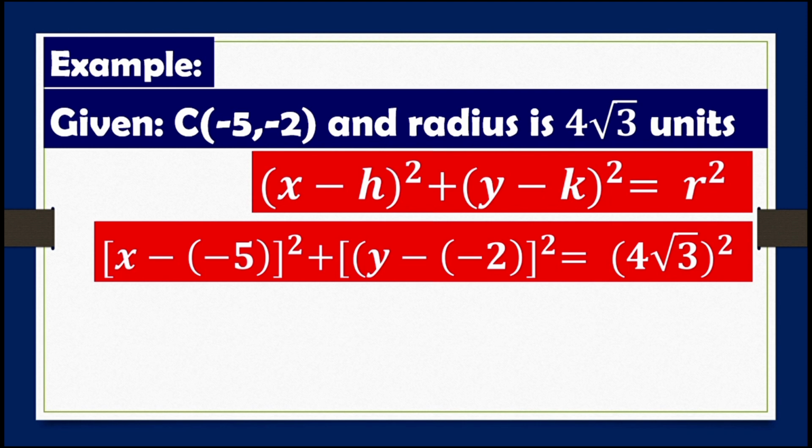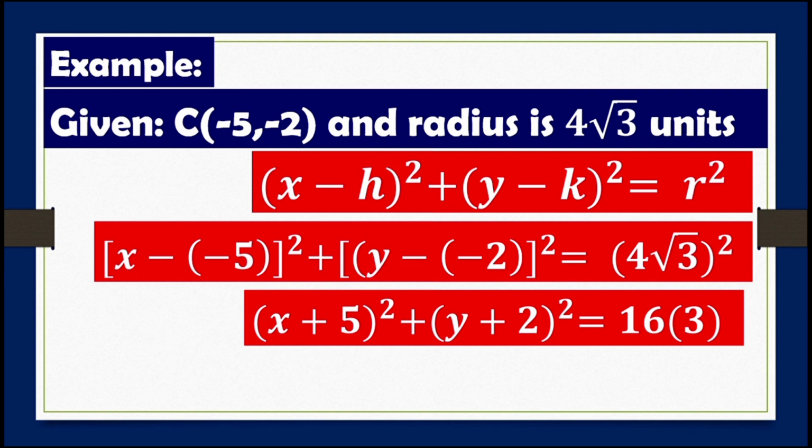So, we will have h which is -5 and our k which is -2, while our radius is 4 square root of 3. Let us simplify. The equation will become quantity x plus 5 squared plus quantity y plus 2 squared equals 16, which is a result when we square 4, and 3 is a result when we square square root of 3.